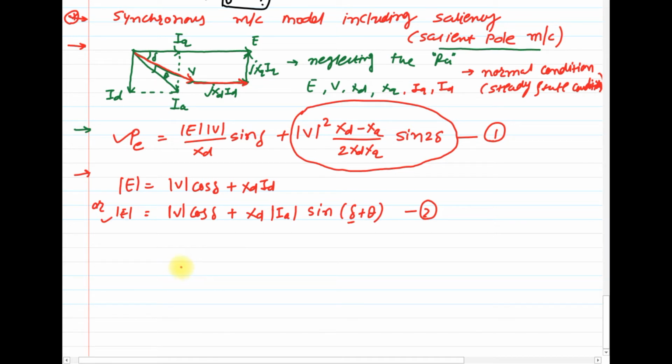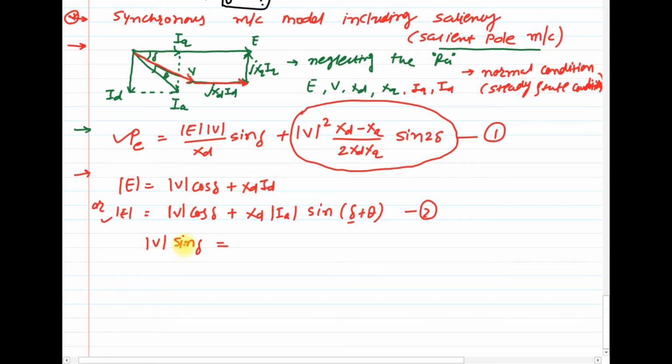Clear? So for that, again just follow the phasor diagram. We can write V sine delta is equal to XQ into IQ. Clear? As we have written over here, V cos delta plus.